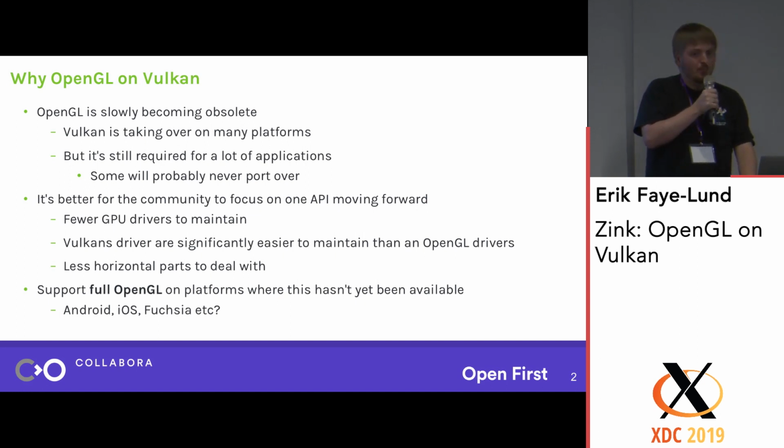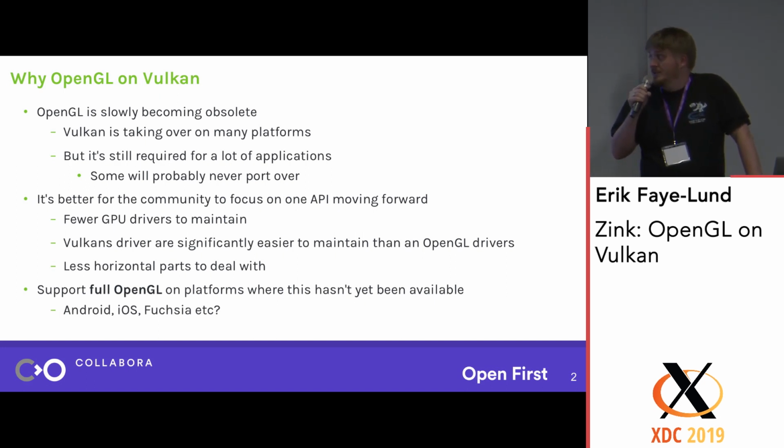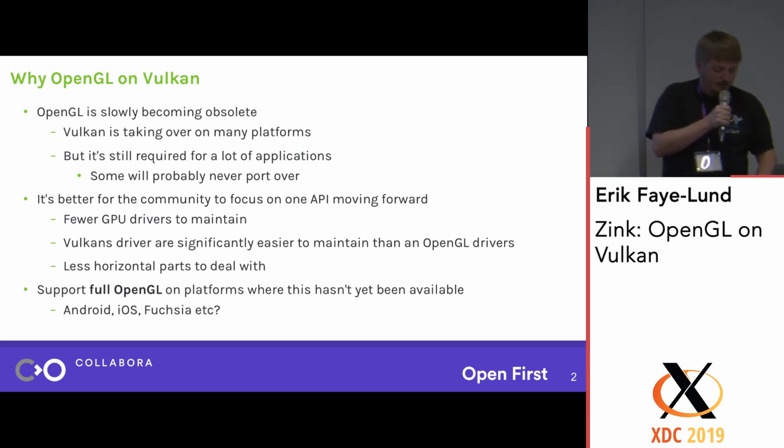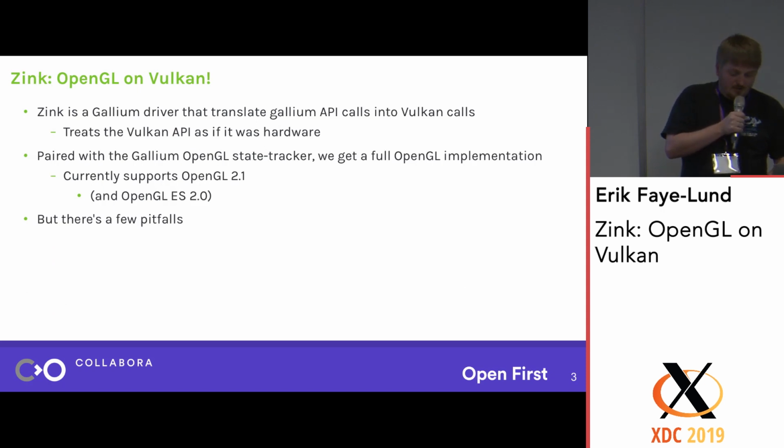There are fewer points to integrate. We can also support OpenGL on platforms where it hasn't yet been possible, and we don't even need the platform provider's support directly for this. We can ship OpenGL as a part of the dependencies for our application instead. So yeah, Zink is a solution for this.